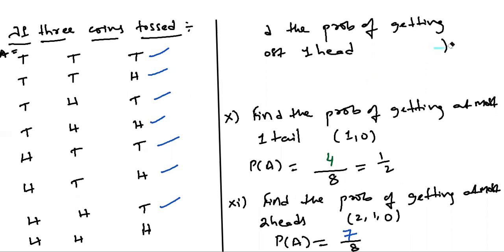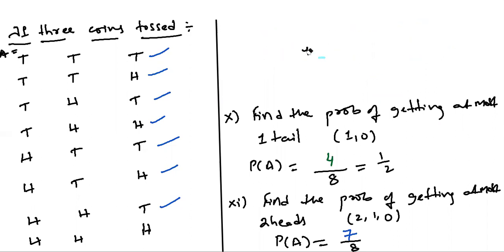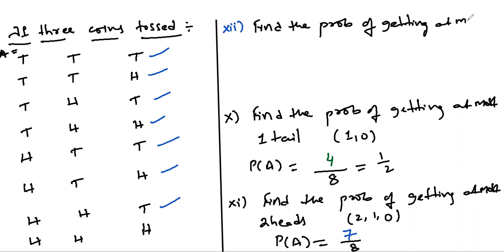Same type of question again. 12. Find the probability of getting at most 2 tails. At most 2 tails means 2 should be the highest: 2, 1, 0.